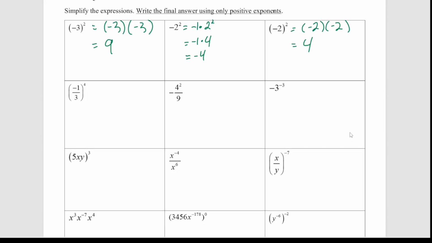If I have a fraction all being taken to the same exponent, keep in mind that's the same thing as negative 1 to the fourth over 3 to the fourth.